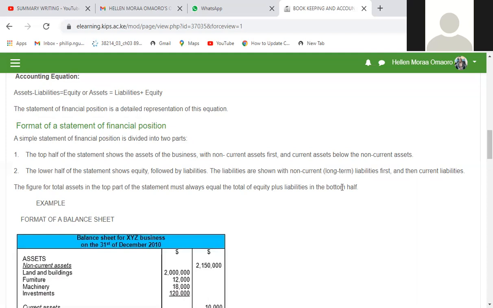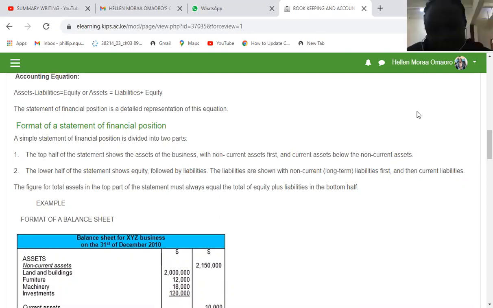Also, if you have followed the rule of double entry, meaning you write the right debit, make the right credit entry.